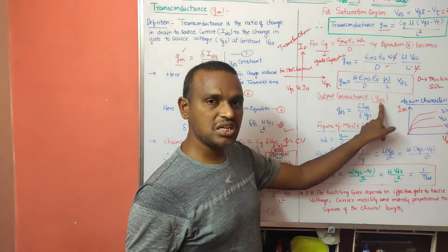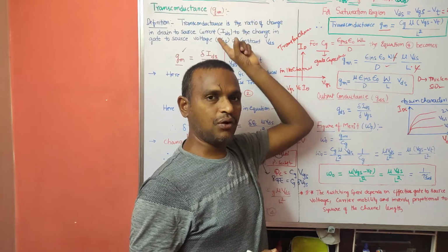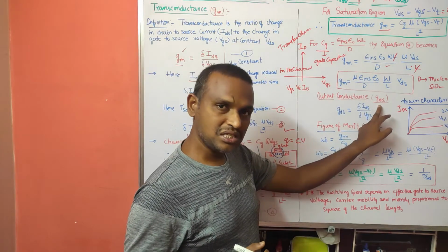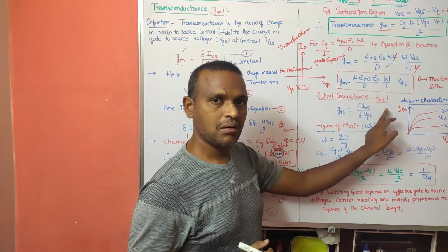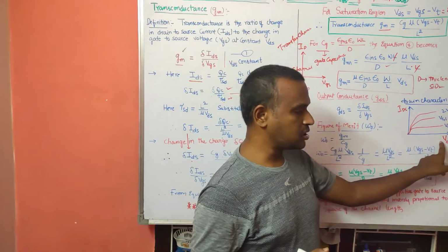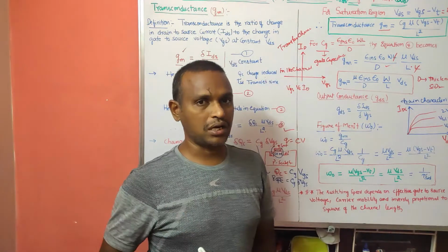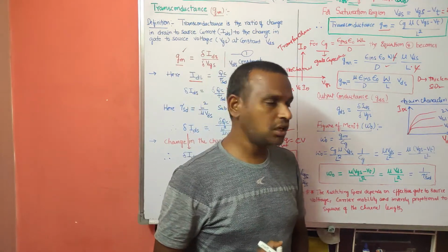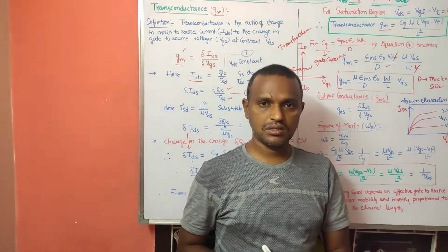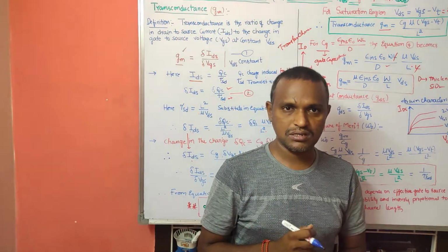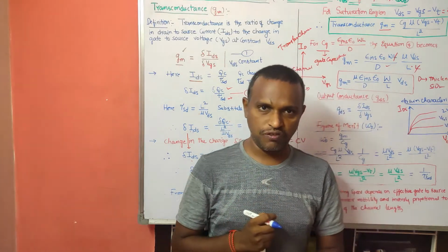That is GDS. For transconductance we took GM, but here we take G with suffix DS, because the characteristics are drawn between VDS and IDS, and the same values are considered in defining this output conductance. Then how can you define it?